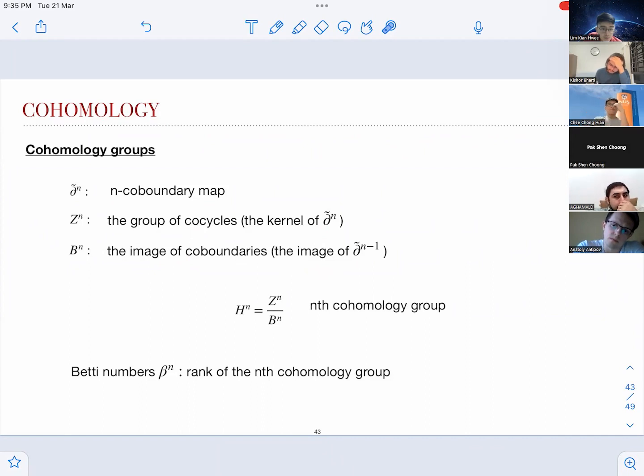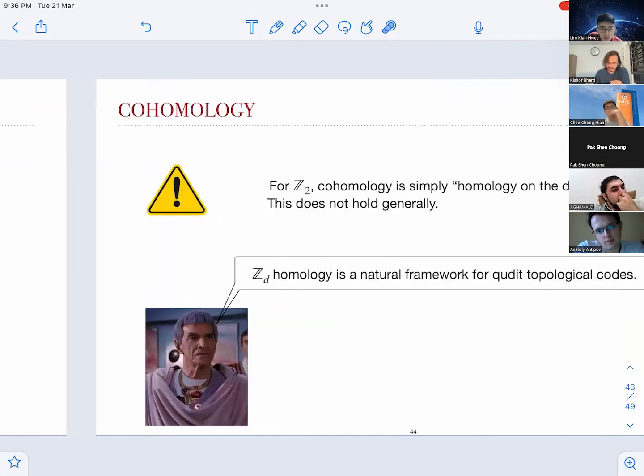So every co-boundary is a co-cycle, but every co-cycle is not a co-boundary. So you can take Zn and quotient it with Bn, and that will give you the nth cohomology group. So the Betti number beta, again you can define it as the rank of the nth cohomology group, similar to the previous case.